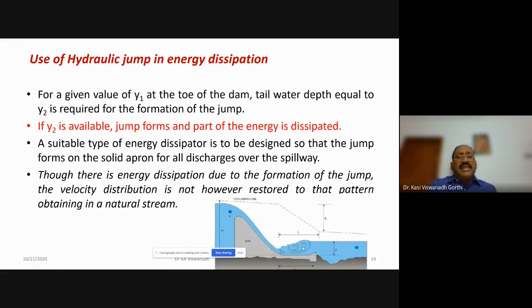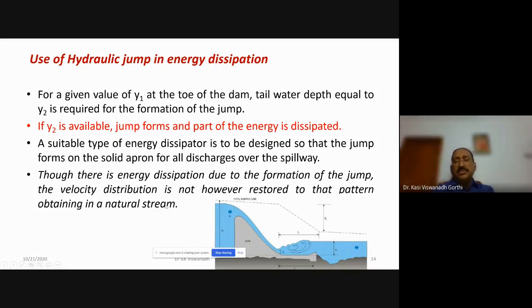Though there is energy dissipation due to the formation of the jump, the velocity distribution is not restored to the pattern obtaining in a natural stream. Which means, even if there is formation of a hydraulic jump and a change of state from supercritical to subcritical, and energy dissipation is taking place, it will not directly meet the requirement of the subcritical flow at the tailwater.